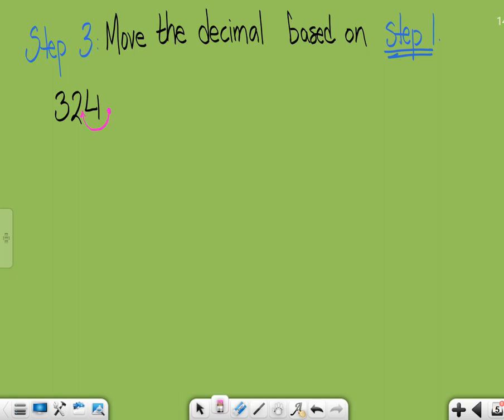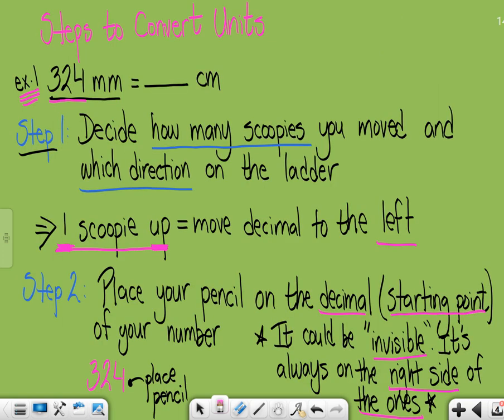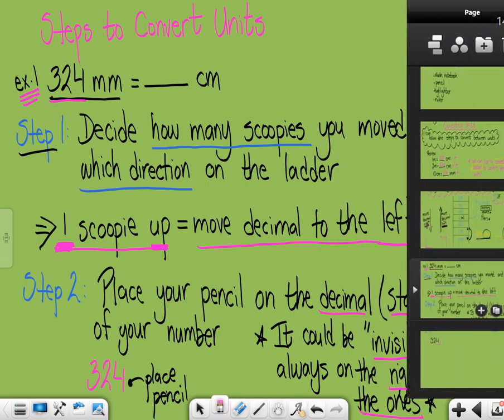So go back to step 1 and see what we had said. We said I'm going to move the decimal to the left, and I move 1, not 2 Scoopies, not 3, not 4, 1 Scoopie to the left. And that's what we did.